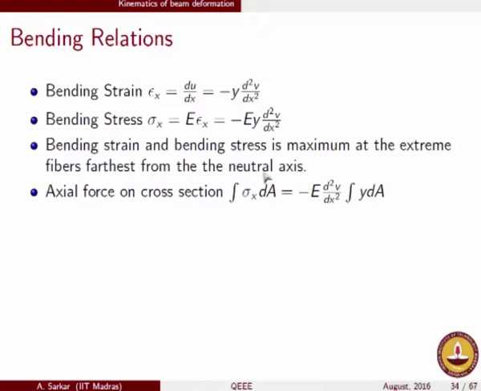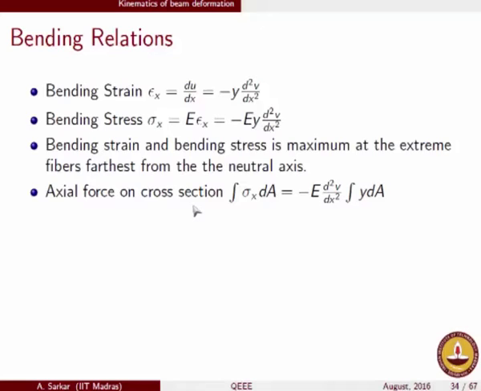What is v? v is just the transverse deflection. v is not the axial deflection, right? Axial deflection between points on the cross section differ, but the transverse deflection is the same as that of the neutral axis. So if you put that factor in, you can pull E d²v/dx² outside the integral and you will be left with integral y dA.